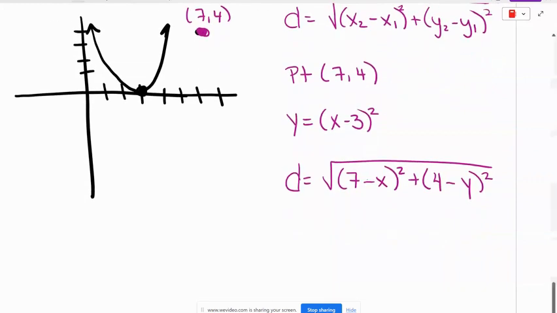Now we do have a problem, because this is still x and y. We only want it in one variable. But don't we have that y is equal to (x minus 3) squared? So anytime I see a y, what can I put in? x minus 3 squared. So that's what we're going to do.